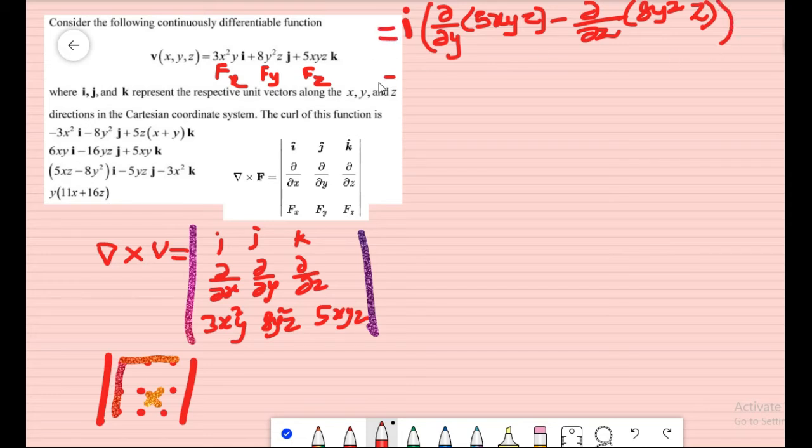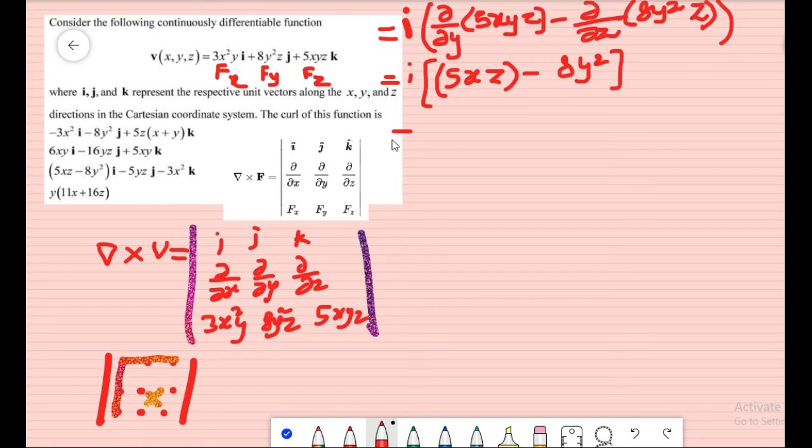It's equal to dou by dou y of 5xyz is 5xz. Differentiation with respect to y, y value becomes 1. Then differentiation with respect to z, the z term becomes 1, then we'll get 8y square. So the first term is i of 5xz minus 8y square.